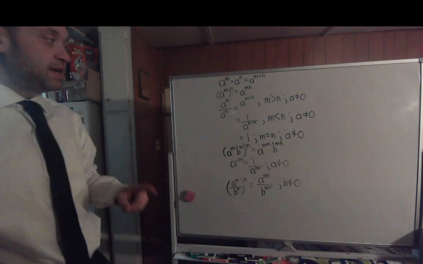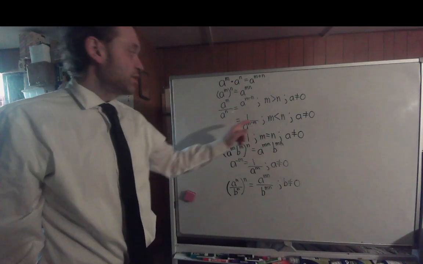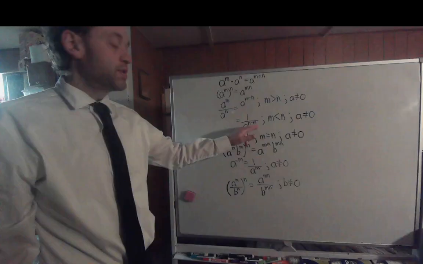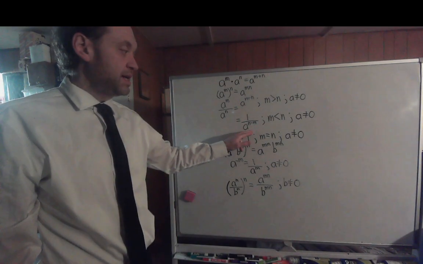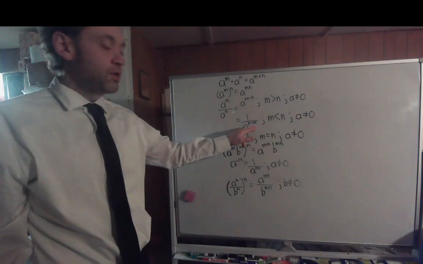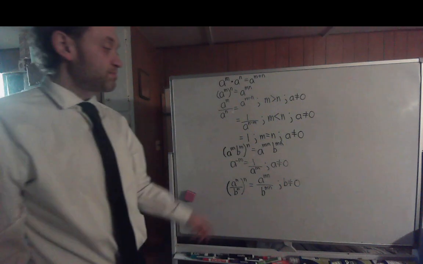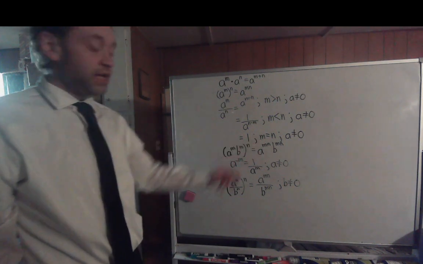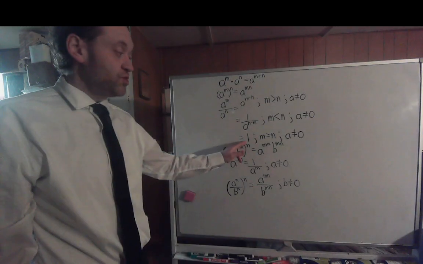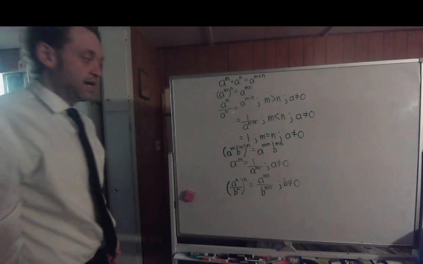On the other hand, if the power in the denominator is greater than that of the numerator, then it's 1 divided by that base to the power of the denominator minus the numerator. And then, of course, if the two powers are equal in the numerator and denominator, you just get 1, because that'd be like dividing it by itself.